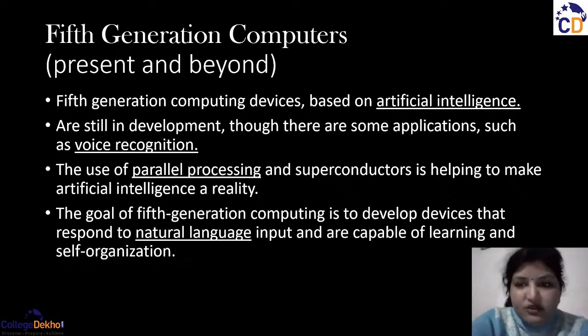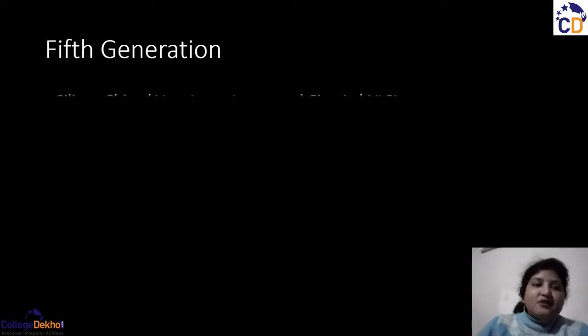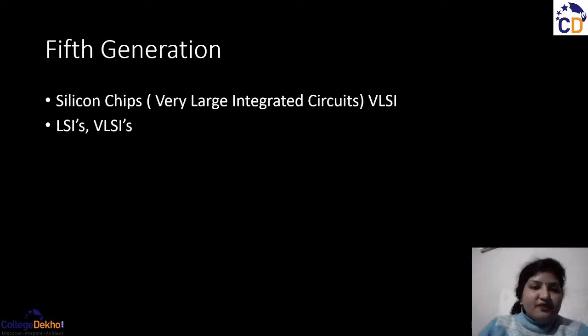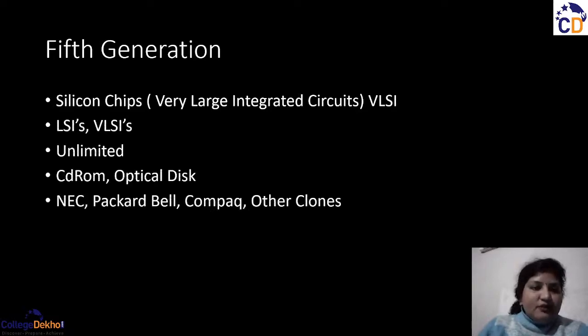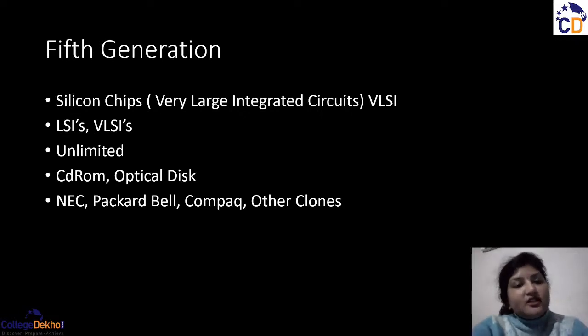It is based on some hardware, and it is based on some software also. So let us see some of the characteristics that we have in our fifth generation. The first is silicon chips, very large integrated circuits, VLSIs, right?